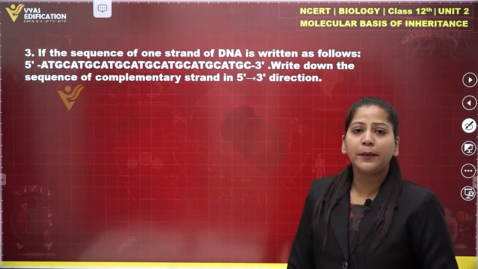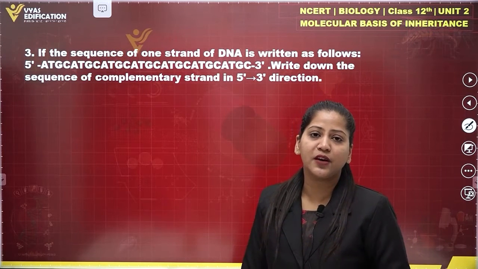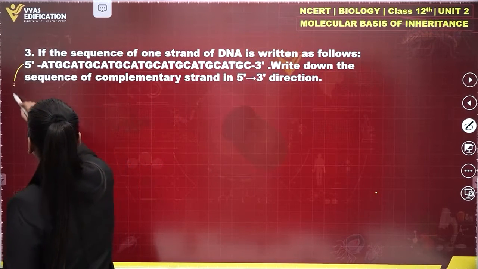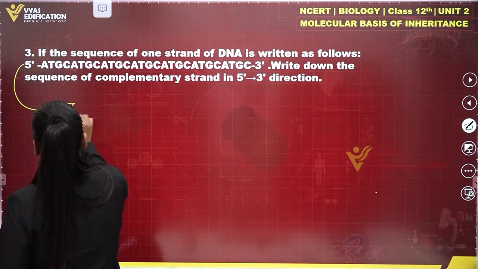So according to complementary base pairing, we know that always A pairs with T and C pairs with G and vice versa. So we will write the complementary sequence of this given strand, that is 3 prime.